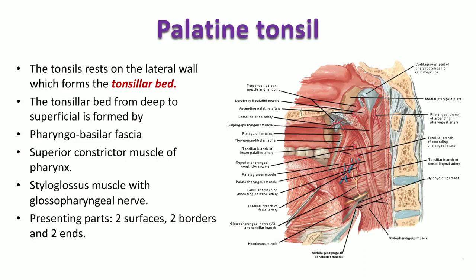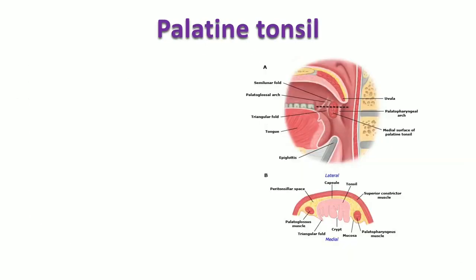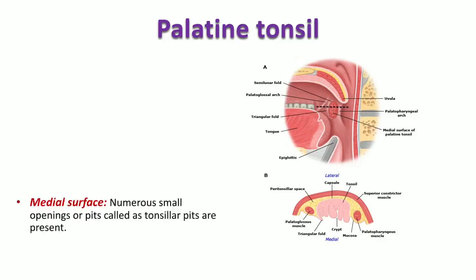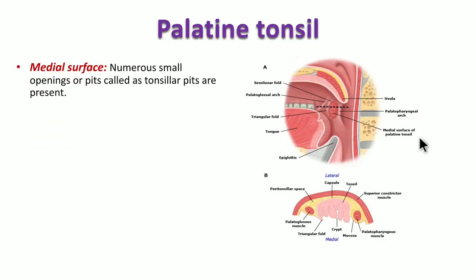Coming to the presenting parts, it has two surfaces, medial and lateral, two borders, anterior and posterior, and two ends, the superior end and the inferior end. The medial surface actually bulges into the oropharynx, and it is not regular or smooth, it is irregular. One reason is the lymphatic follicles which are covered by the mucous membrane.